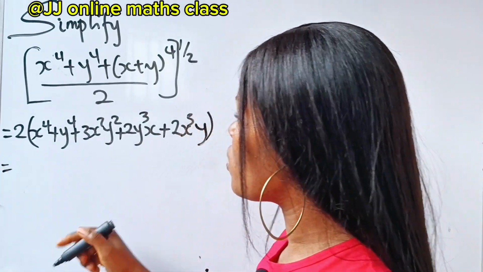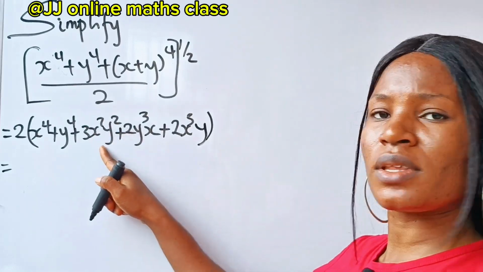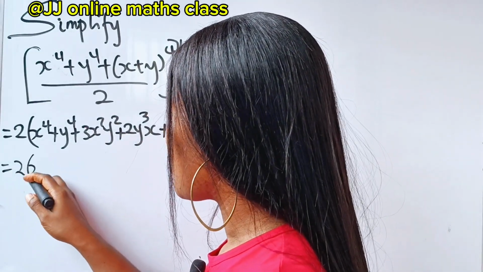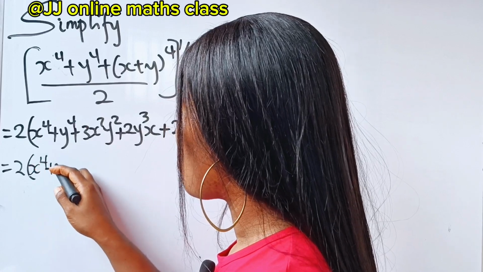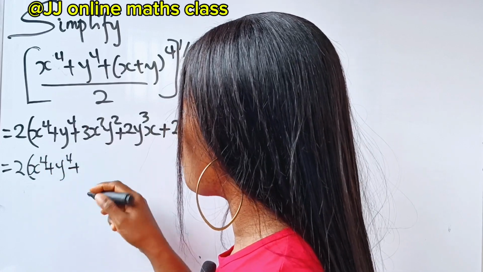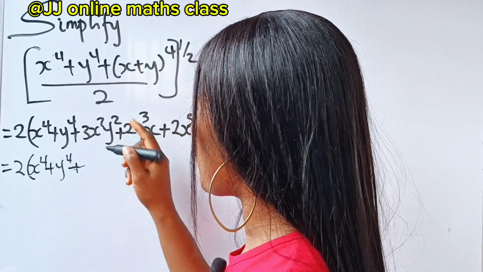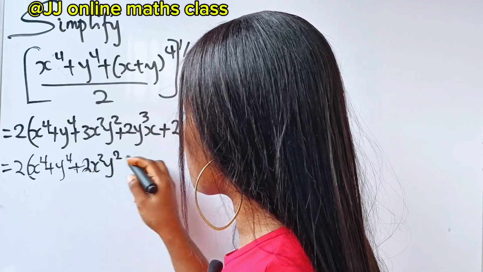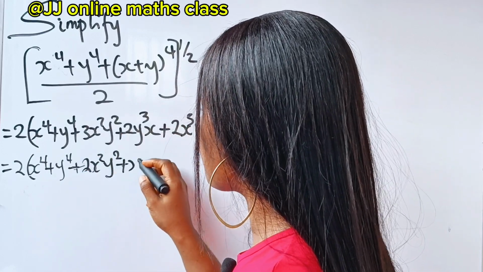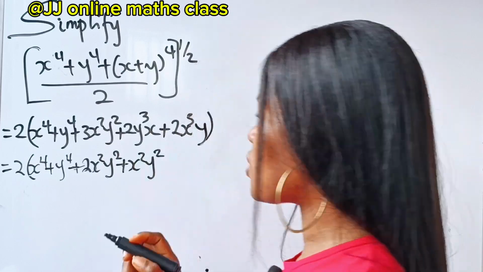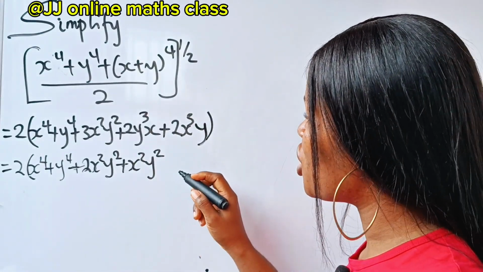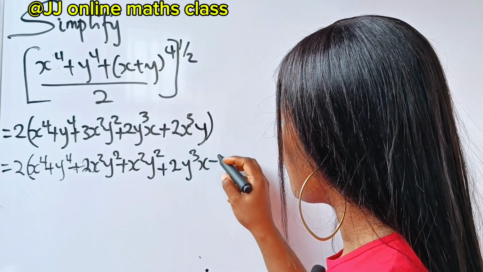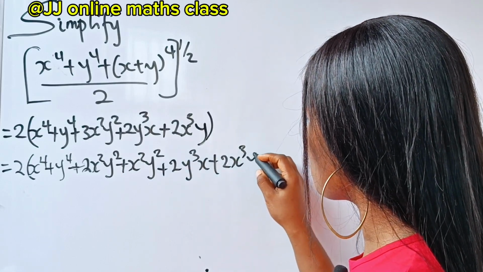Now this is equal to, like I said, I want us to separate something here. So we have 2 brackets x to the power of 4 plus y to the power of 4 plus this 3x squared y squared is same thing as 2x squared y squared plus x squared y squared, right? We've not changed anything, plus 2y cubed x plus 2x cubed y.